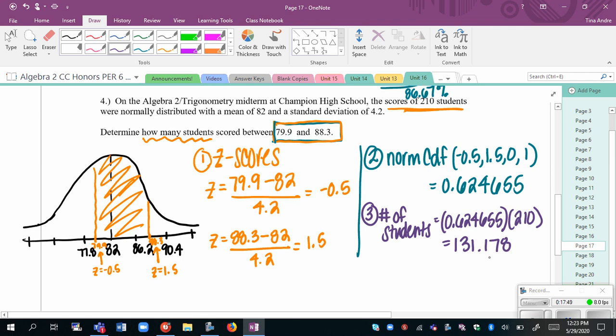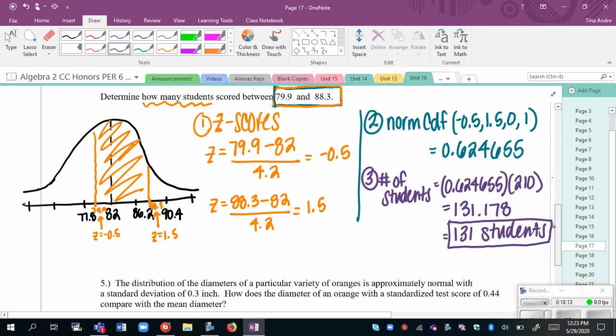Can't have 0.178 of a student, so we only have 131 students that satisfy the condition here. So 131 students out of the 210 have scores between 79.9 and 88.3. They fall in that percentage or in that region.